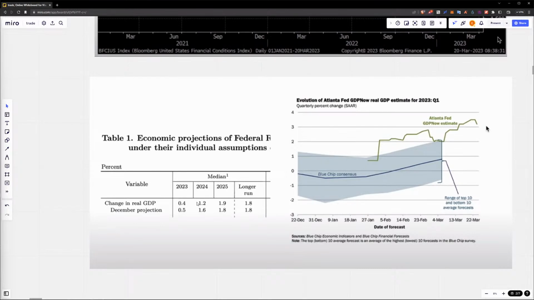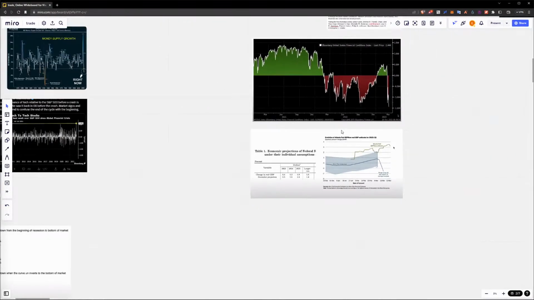Yeah, but their own estimate now shows Q1 will be around 3. So in their own estimations, how are we going to go to 0.4? We can only do it if we perform really, really badly in the next quarters. So they expect something big to happen, and they try to politically prepare themselves. That's what I think is happening.